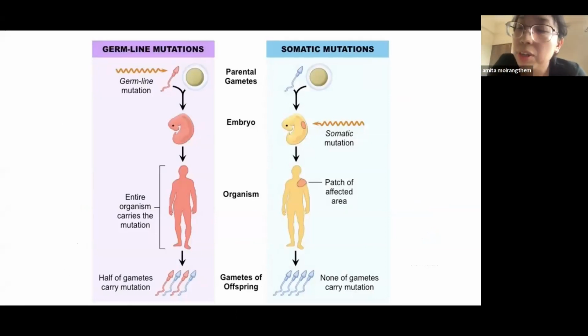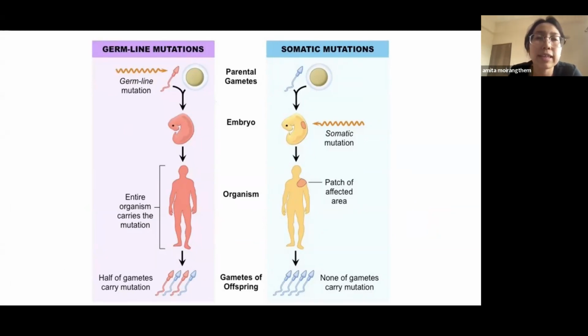So before going into the aspects, it is very important for us to understand these terms, which are germline mutations and somatic mutations. So germline, as the name suggests, is pertaining to the gametes. So the mutation, that is the defect in the gene, occurs during gametogenesis in the parents.